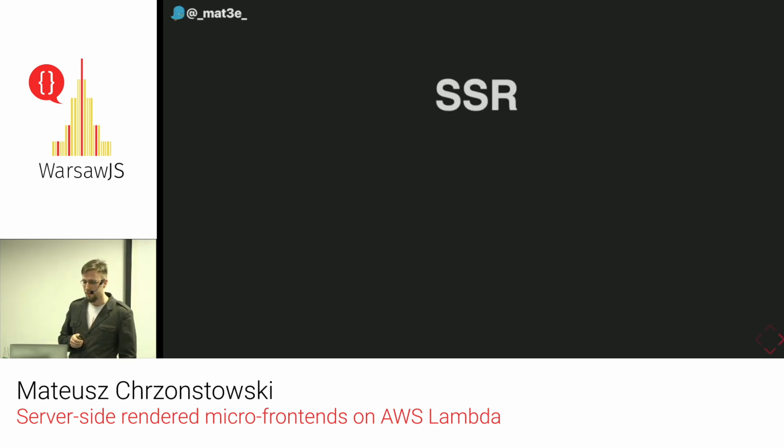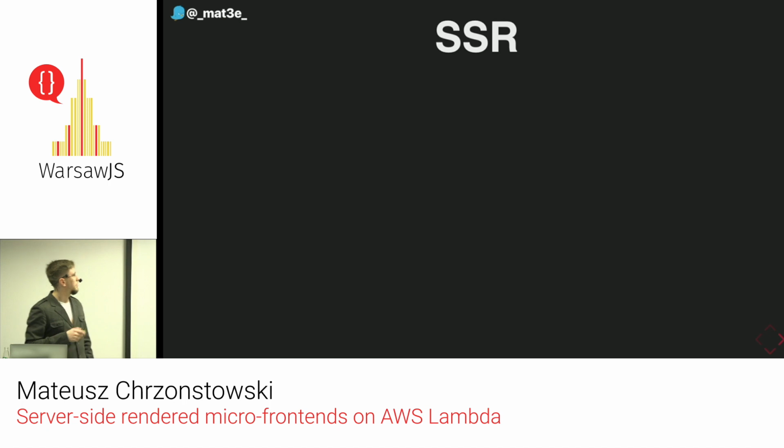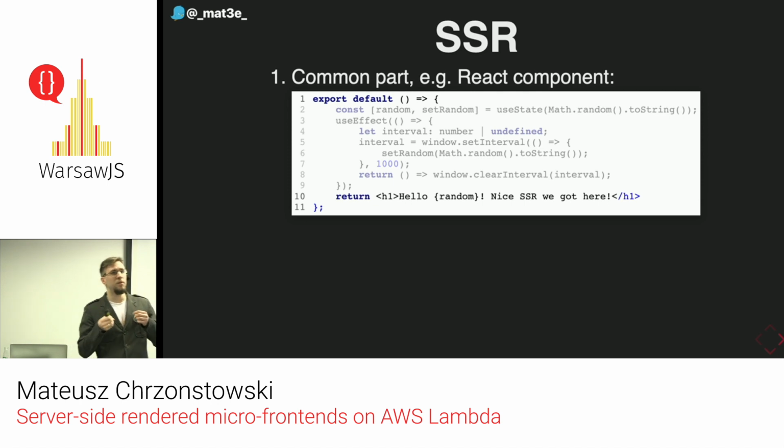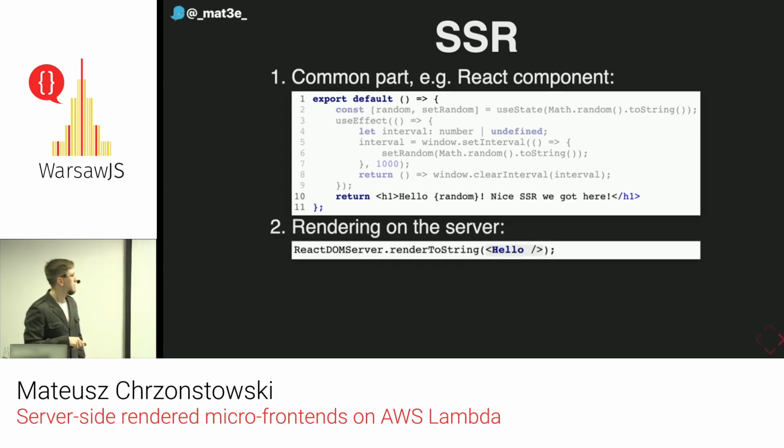Let's take React as an example, and SSR is for server-side rendering. So we need a common part, something which will be served in both server and client, like a React component. Then we have to start with this component on the server. The second step is executing a special function from React.